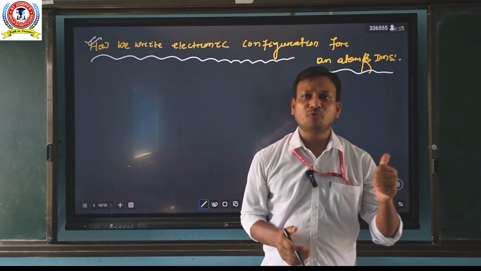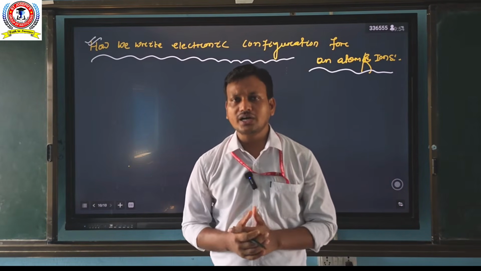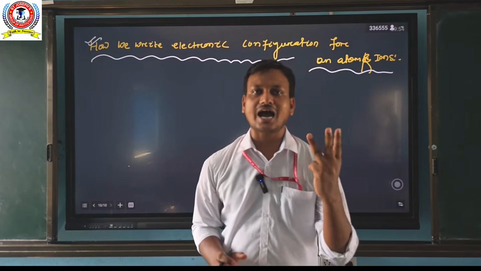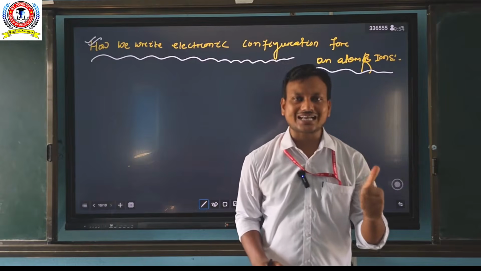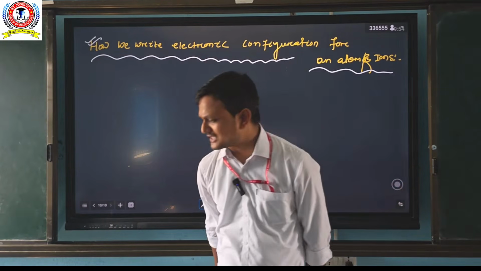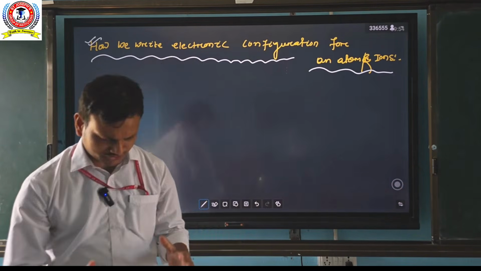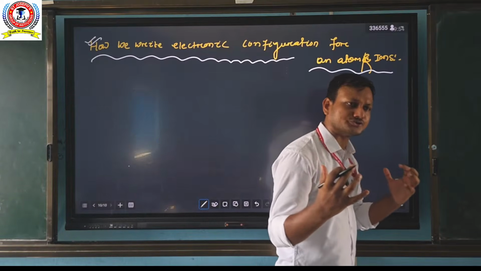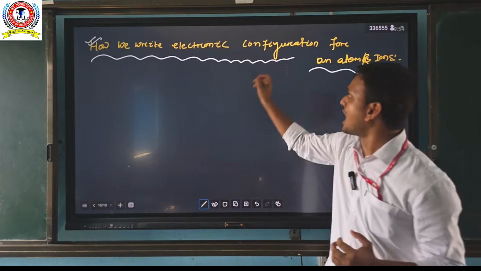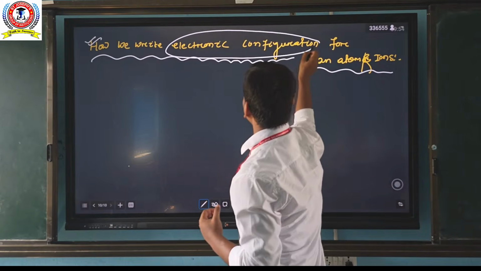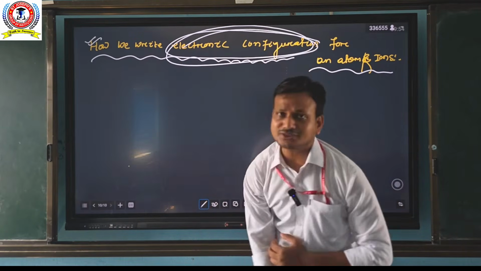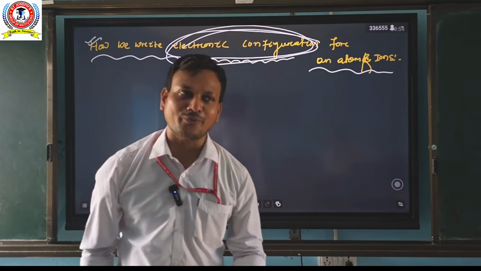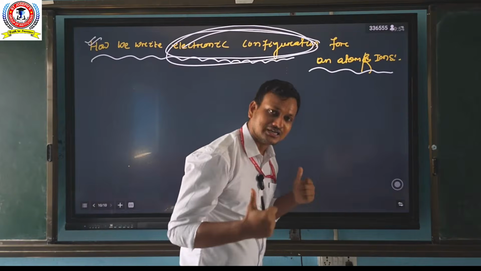One is Aufbau principle, another one is Hund's rule for maximum multiplicity, and the third one is Pauli's exclusion principle. Students, tell with me, how many rules do we follow to write the electronic configuration? 3 rules.